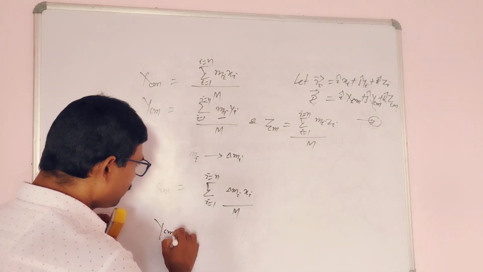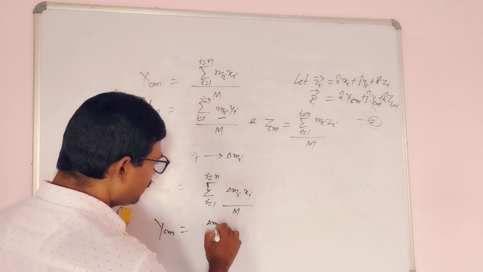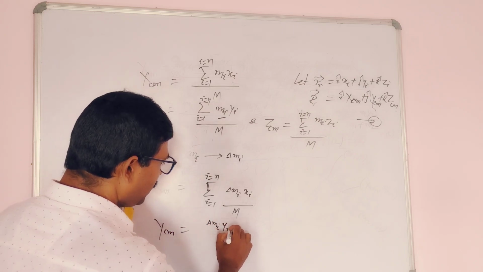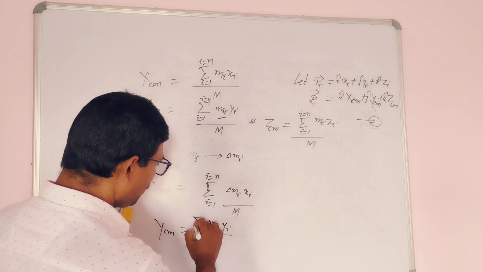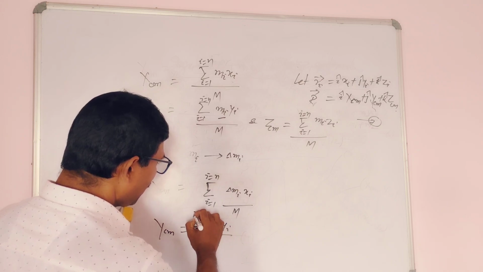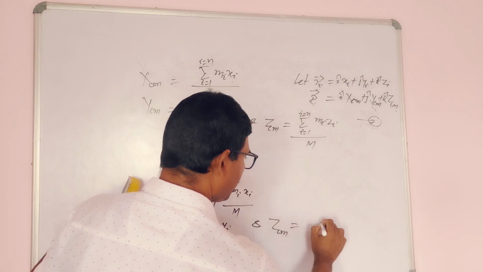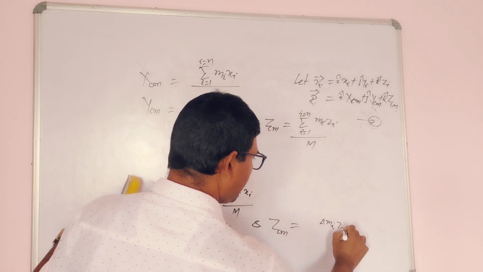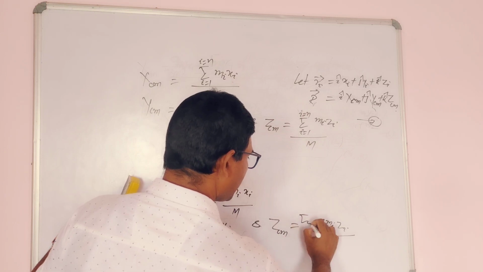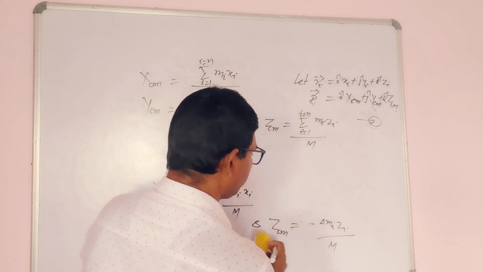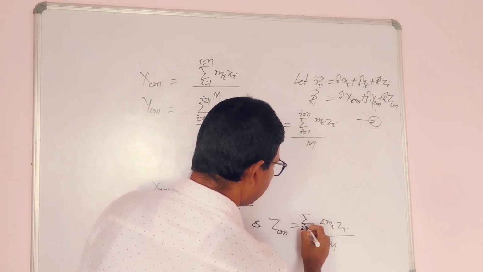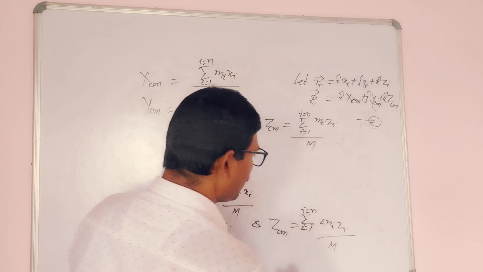Similarly ycm is the summation of delta mi yi divided by M, i = 1 to n, and zcm is the summation of delta mi zi divided by M, from i = 1 to n.